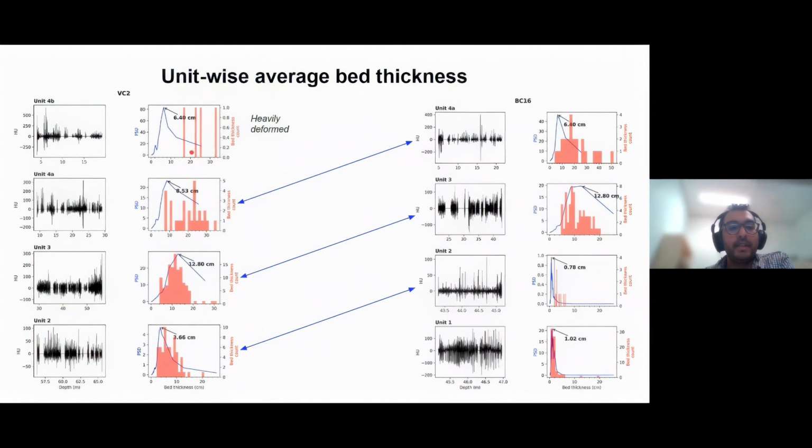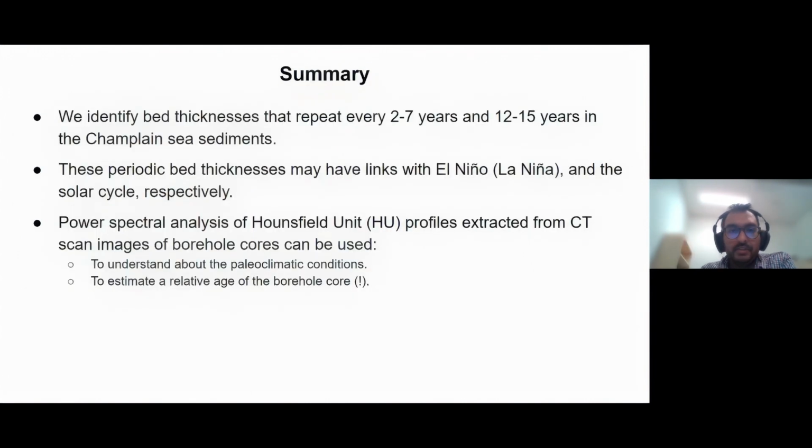And theoretically, we could use these bed thickness estimates from the power spectral density, the average bed thickness estimates, to compute a time sequence or the length of time each of these units represent. But we have to be cautious with this because we do not know if any material has been removed during the deposition or if the material has been eroded.